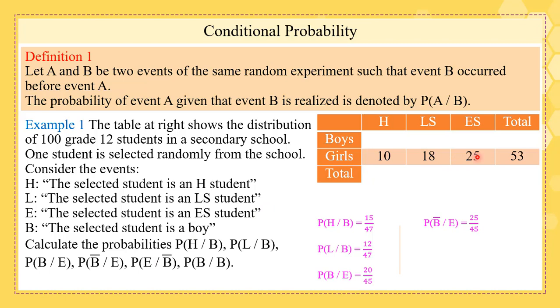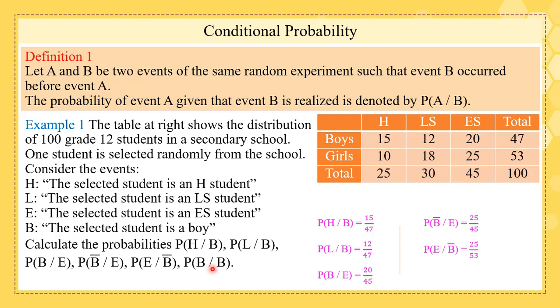Now the probability of selecting an ES student in this case would be 25 over 53. And finally, the probability of B given B. In this case, we have to come to the boys section, which is the first row in this table, and we need to calculate the probability of selecting a boy. It will be the probability of a certain event, which is 1.